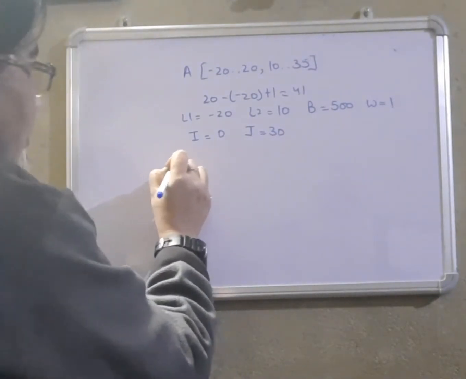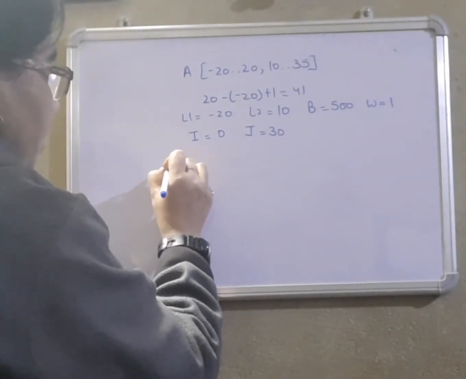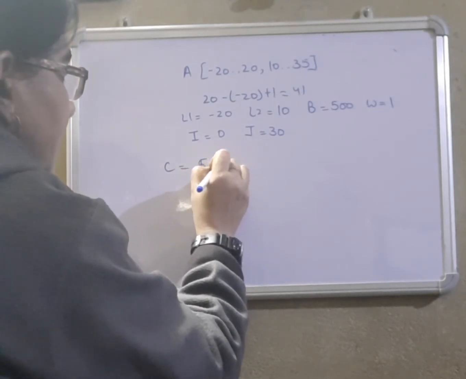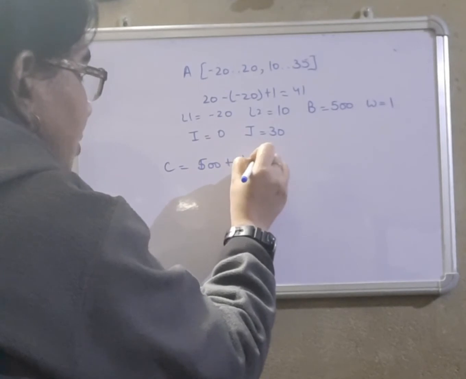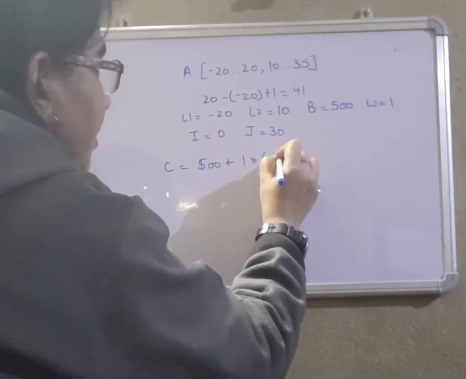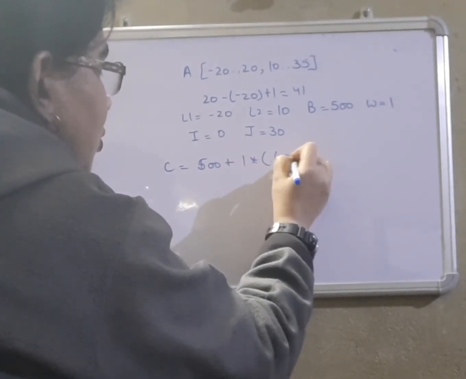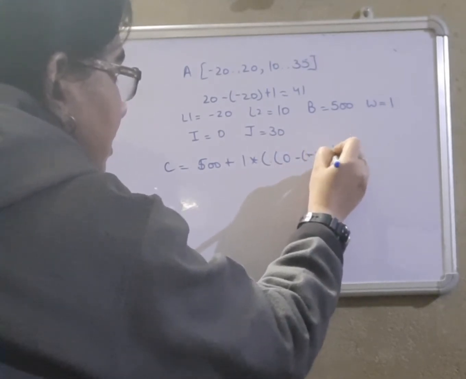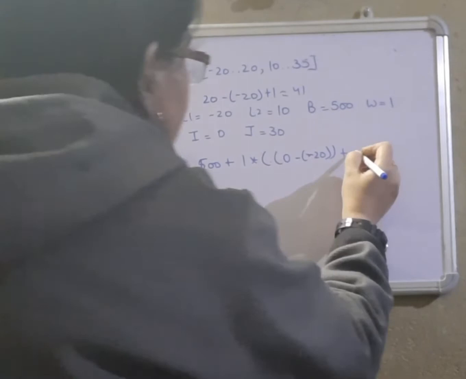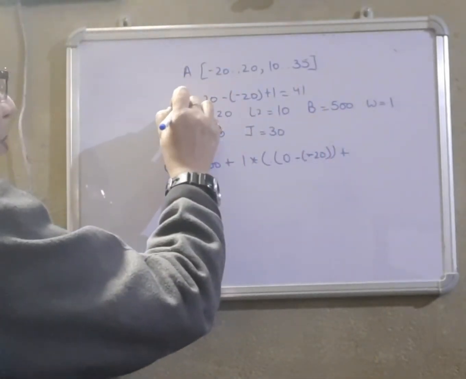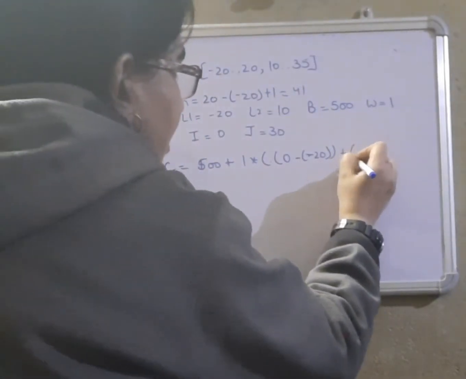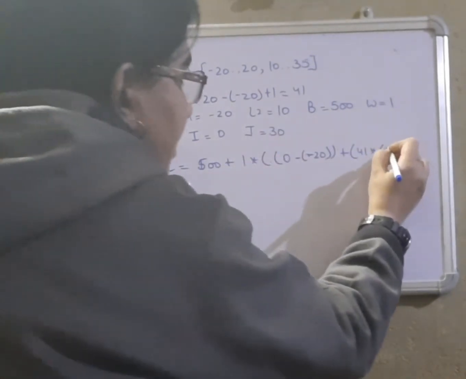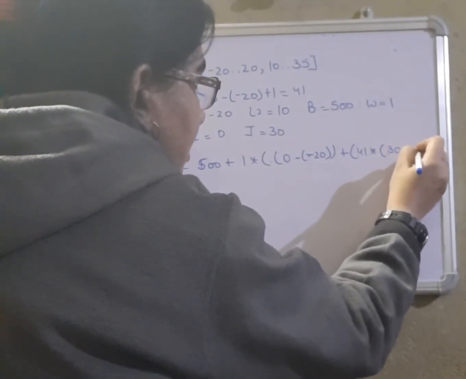So for this we will be applying the column major formula. Base address is 500 plus 1 into I minus L1, 0 minus minus 20, plus N into, N is 41 which I have calculated, 41 into J minus L2, 30 minus 10.